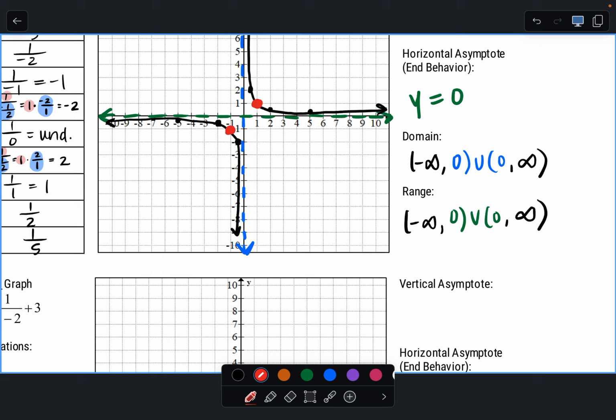Okay, for example 3, we are going to go in and write out our transformations. The first thing that I'm noticing is there's a negative at the very front. And so anytime you have a negative at the very front, that is going to be a reflection over the x-axis. And if you have forgotten what that does, that is going to change the sign of the y values.